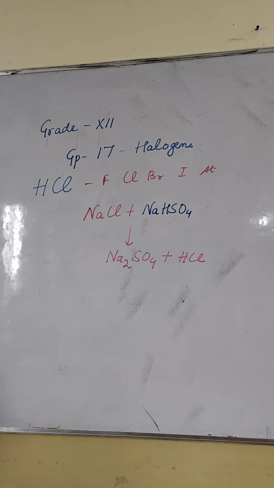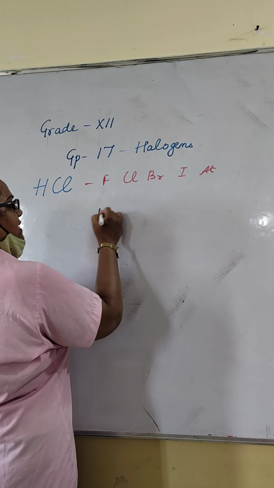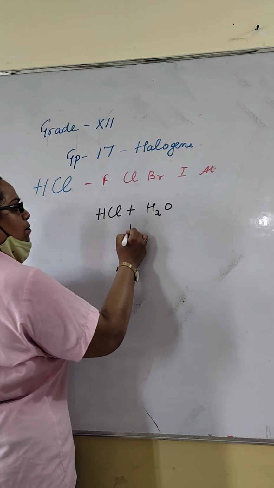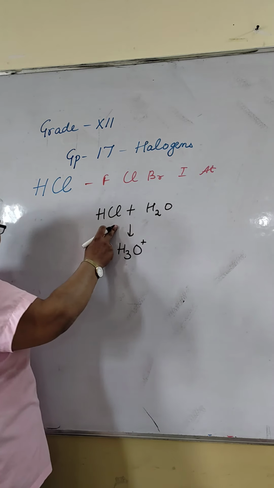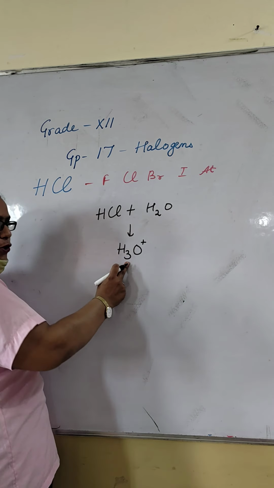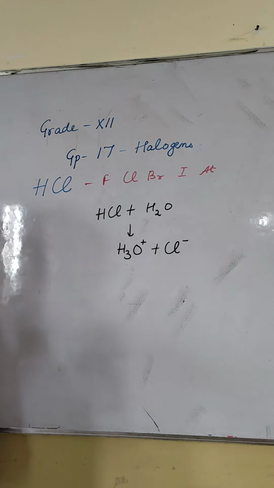How does it react? HCl plus water forms hydronium ion. It is an acid, so it releases H plus ions, which combine with water to form hydronium ion plus chloride ion.